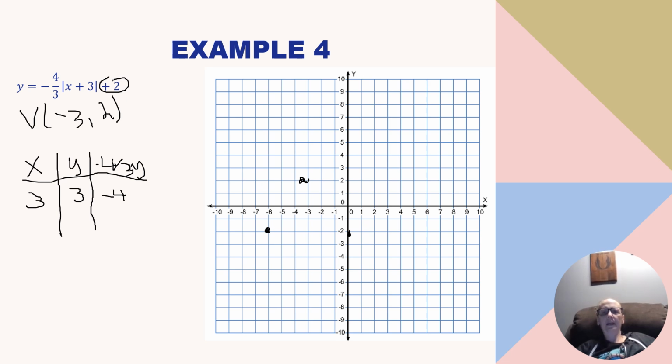Now if I do that again, from those points, I go 3 on x and 4 down on y. 1, 2, 3, 4. That will give me another point on the graph. So let's do the same thing. We're going to go across and then go 3 more on the x value, back the other way. And then we have our nice little mirror image graph like that. And there we go.